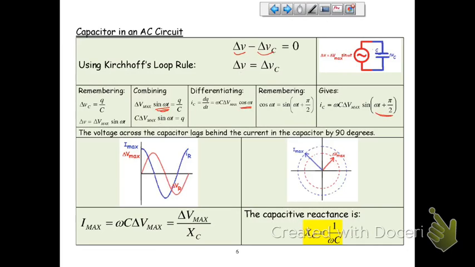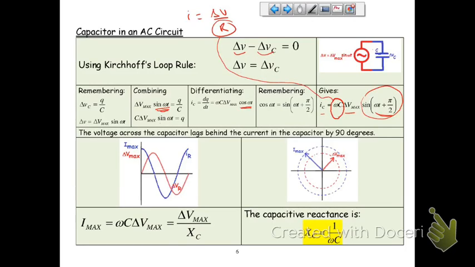Forget about the modifier. Remember, I is equal to delta V over this R kind of term. And for this, our R kind of term is not omega C, but 1 over omega C. So R must equal 1 over omega C, for the same mathematical pattern.